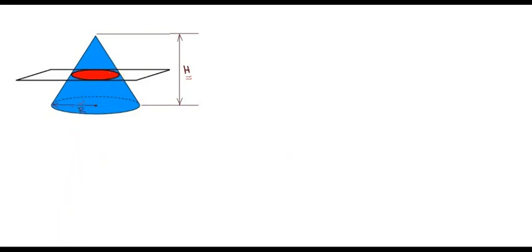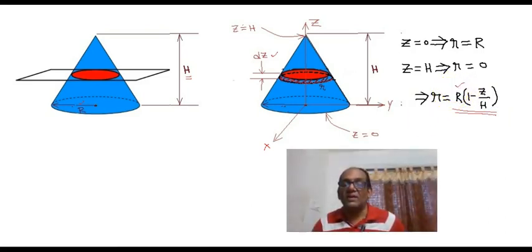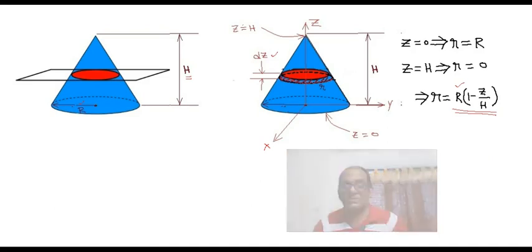Thus the elemental volume has a thickness of dz as shown over here, and it has a radius of lowercase r, which is given by capital R into 1 minus z by h, where capital R is the radius of the base. Note that this formula is very similar to what we have seen in earlier cases.